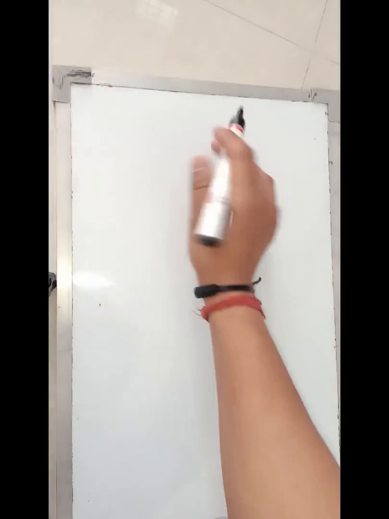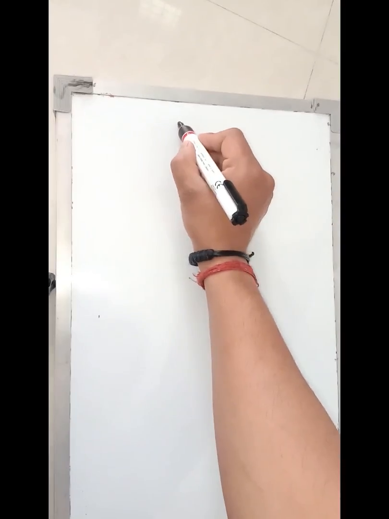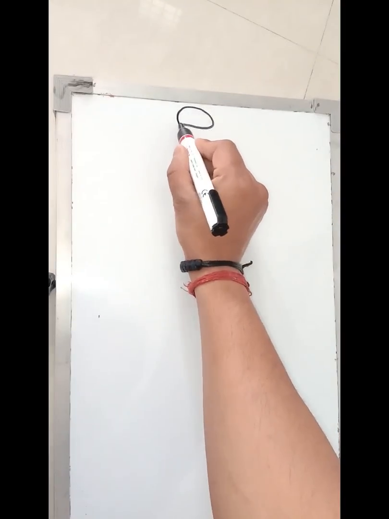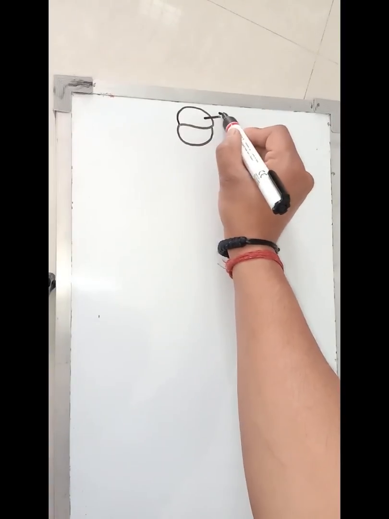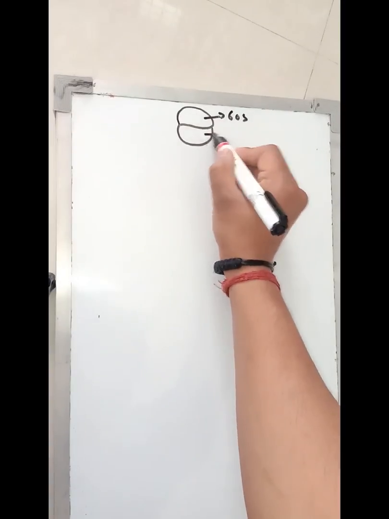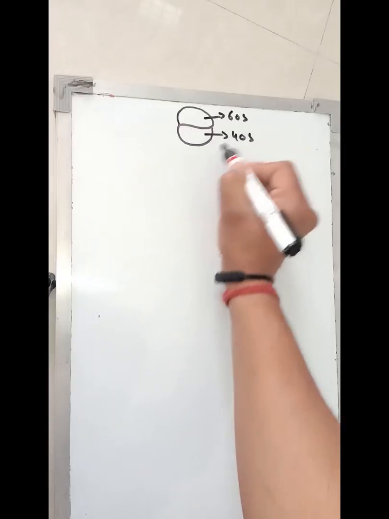Let us discuss the initiation steps. As a complete ribosome complex, it is 60S and 40S, the small subunit.